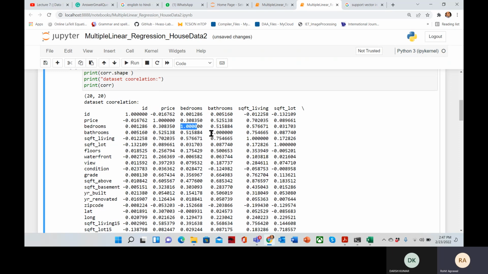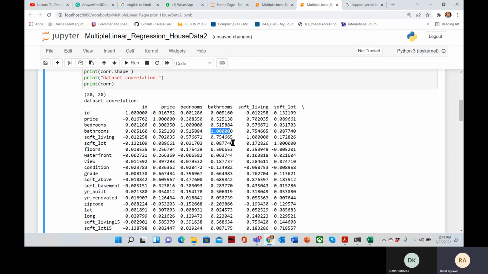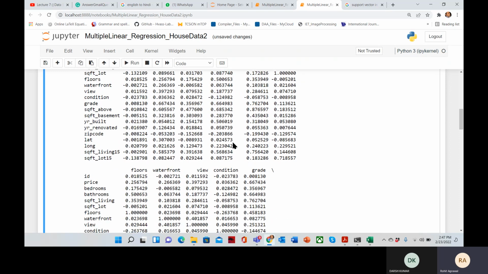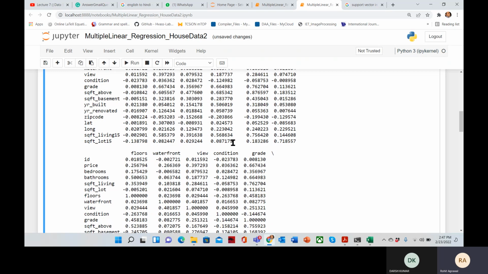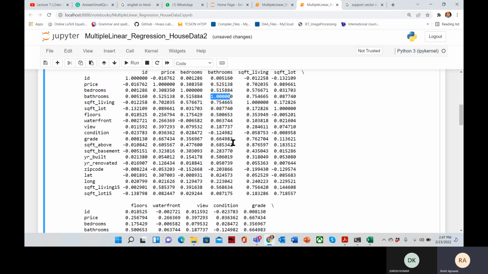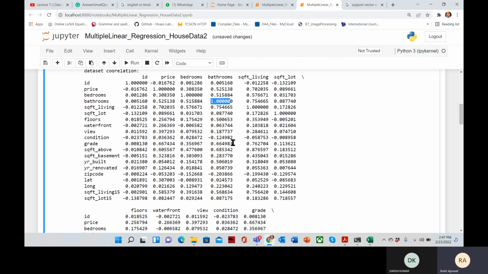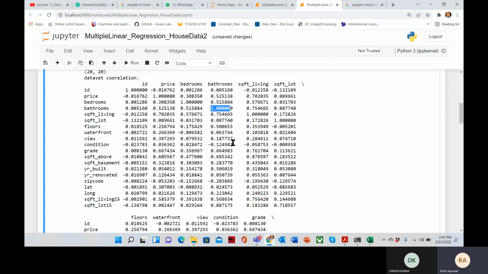All the diagonal values must be 1, because bathroom versus bathroom is correlated, floor versus floor is correlated. That's why these values are 1. Okay. So using this you can see which one is highly correlated and which one is not so much correlated.